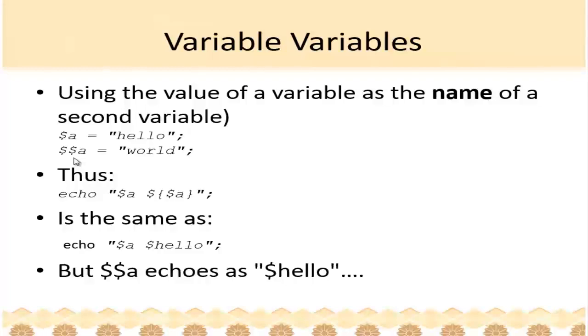Now, the variable that is created here is dollar hello. So if you carefully observe, this is dollar $a is hello. So this part will be replaced by the hello. So what it's going to ultimately do is it's going to create hello equal to, going to put the hello there, and then it will consider it as the next variable. Kind of a complicated thing, but get it.